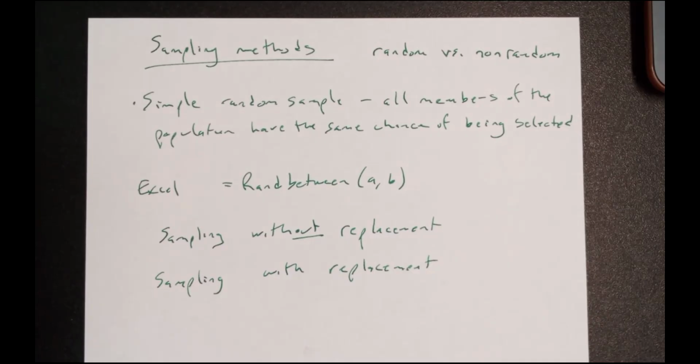Imagine I have a deck of cards and I say, pick a card. You look at the card, you put it back in the deck. I shuffle the deck and turn over your card, right? I'm not good at magic. That's why I didn't bring my deck of cards. But I could say, pick two cards. There are two different ways I could do that. Pick one, look at it, put it back, reshuffle, pick the second one. Or I could say, pick two at the same time. Without replacement versus with replacement.